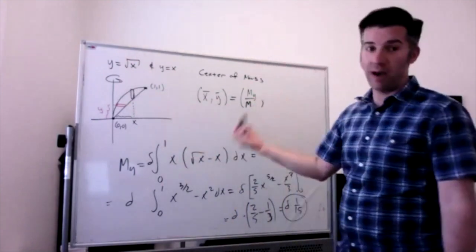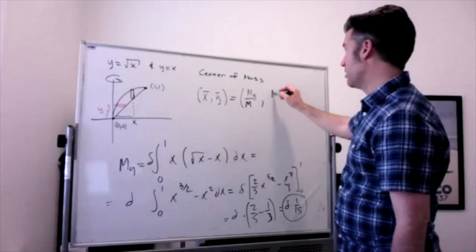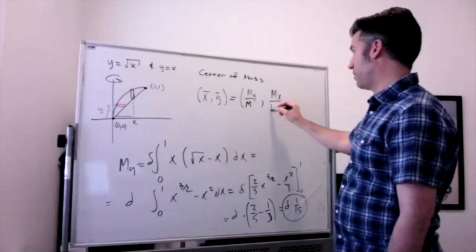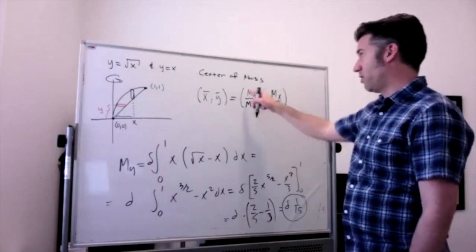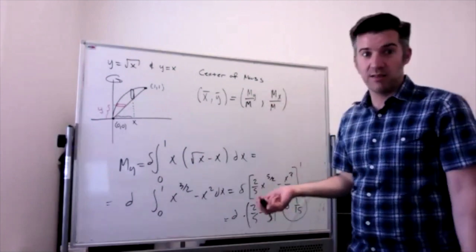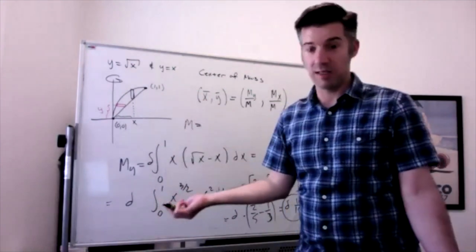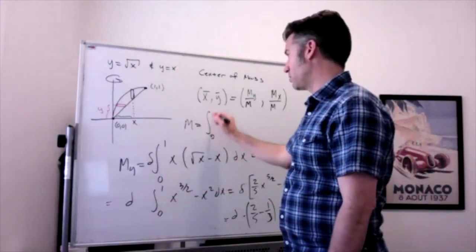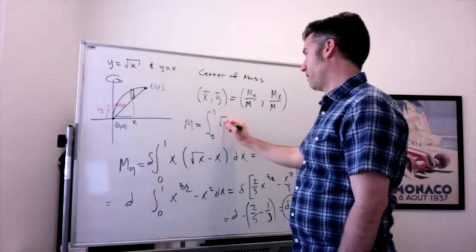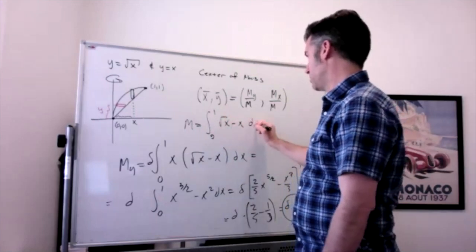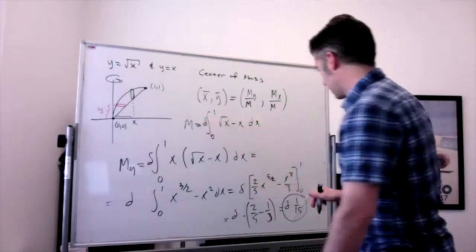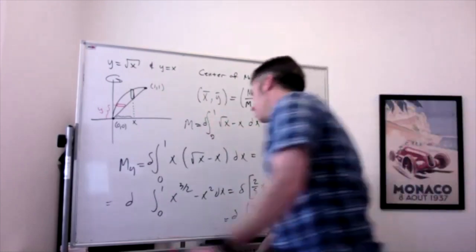And similarly, the y coordinate of the center of mass is the x moment divided by the total mass. We already know what the moments are. We need to find the mass. The mass is easy. The mass is just the area times the density. So it's the integral from 0 to 1 of the square root of x minus x dx times the density. I'm going to erase this because we already did.